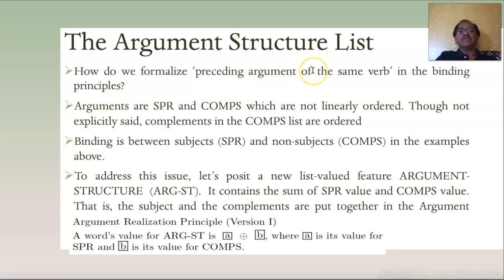What are the arguments of a verb? We see that there is a specifier for each. If it is a transitive verb, there is a specifier and there are comps, at least one complement. So for verbs we have specifier and comps. Those are the arguments, but they are not linearly ordered. If you remember the feature structure for a verb, you have specifier as a feature and comps as another feature, right?